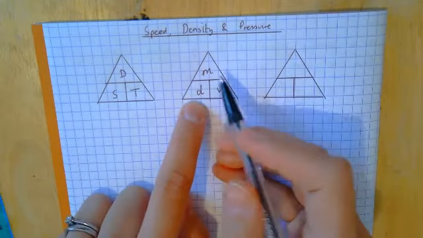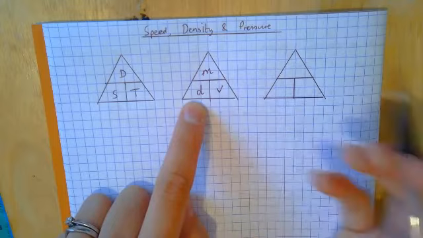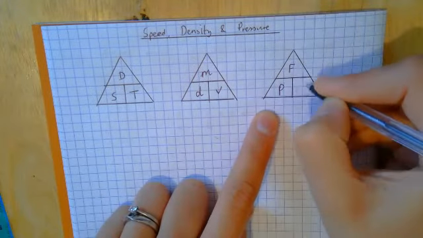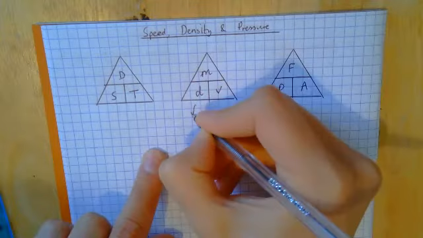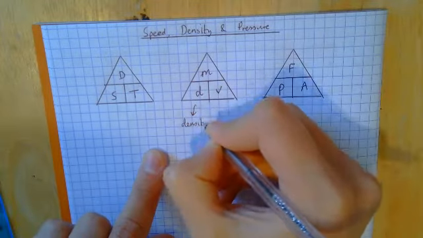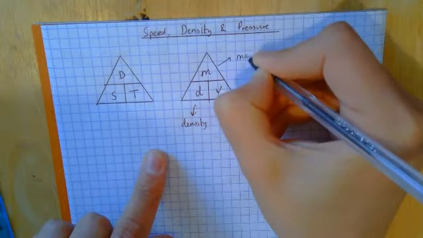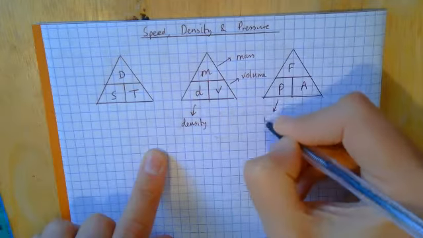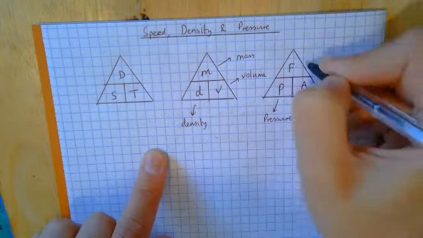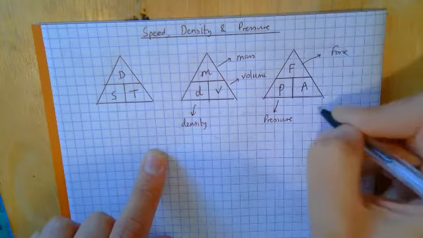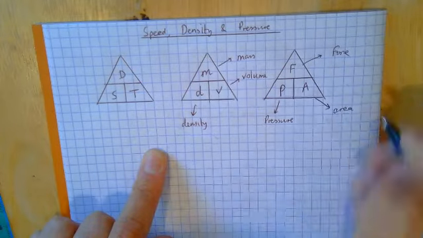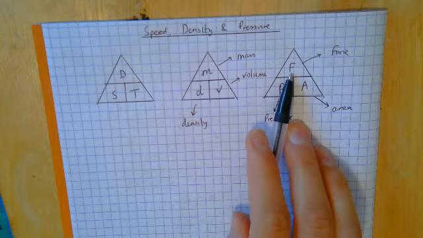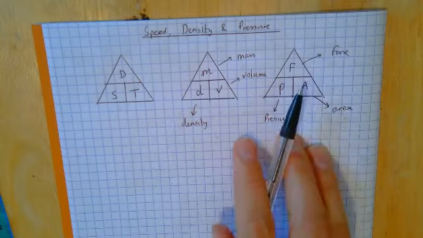So density equals mass divided by volume, and then we've got pressure equals force divided by area. So let's just label those. So we've got density, mass and volume, and we've got pressure, force and area. So looking at this pressure, it's the force divided by the area.